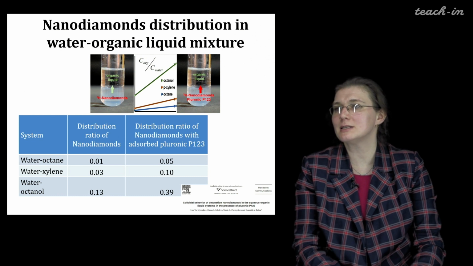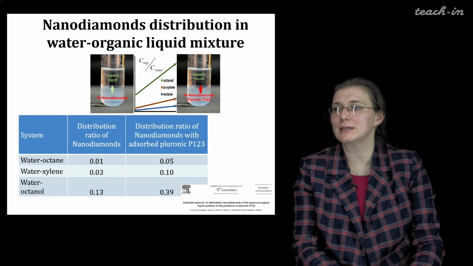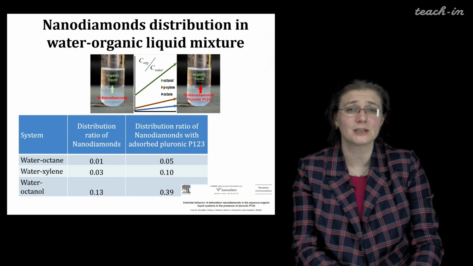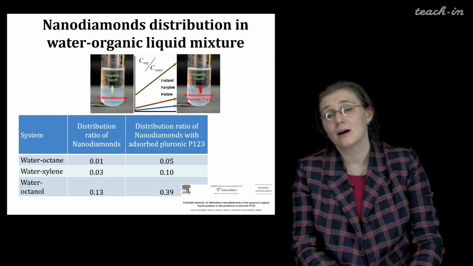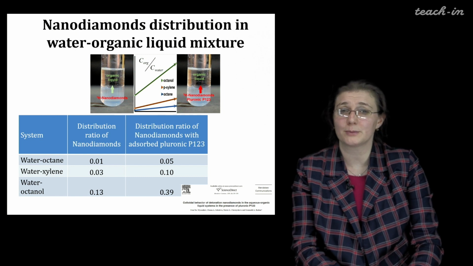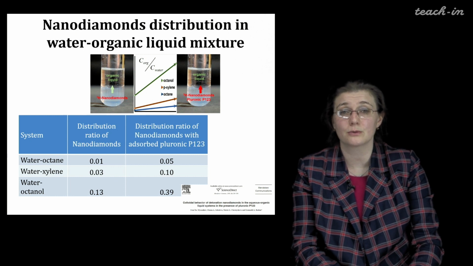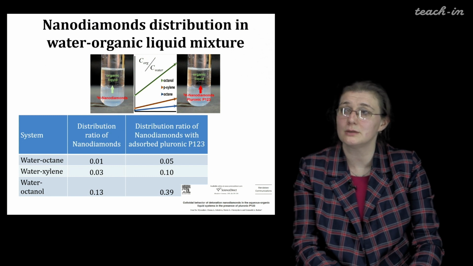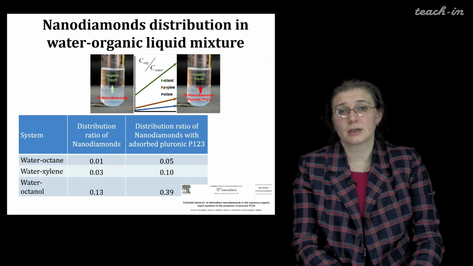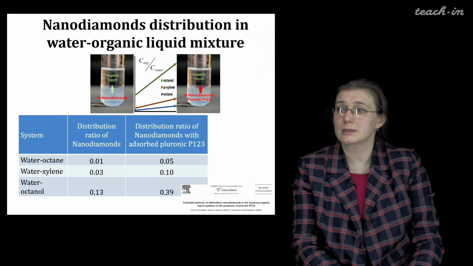The first is the physical chemical characteristics of different materials, such as hydrophobicity. You know that hydrophobicity is one of the important characteristics of a molecule or solid material before its application in biological systems, for example.